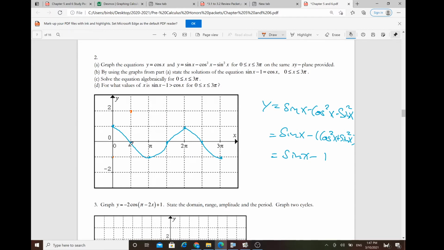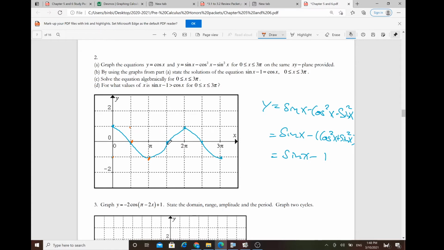At pi over 2, sine of pi over 2 is 1, and 1 minus 1 is 0. So it's shifted 1 unit down, back to 0 here. The next position is at pi: sine of pi is 0, 0 minus 1 is negative 1.